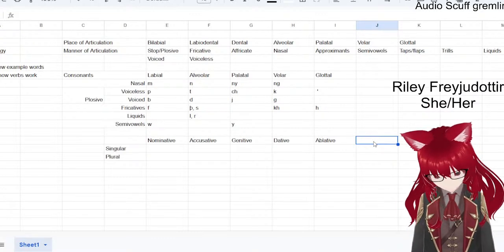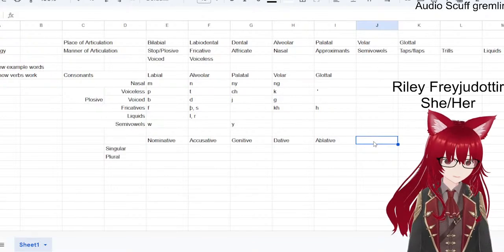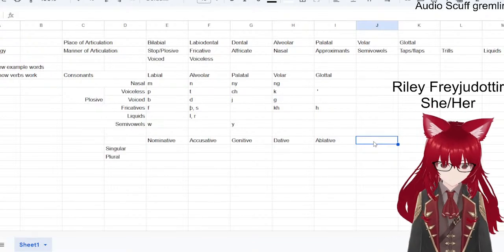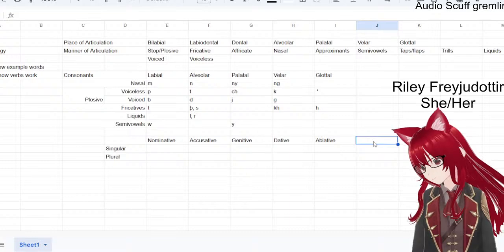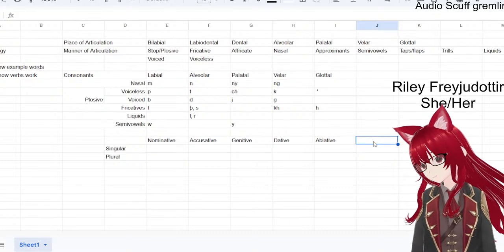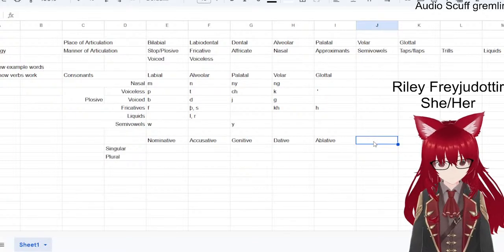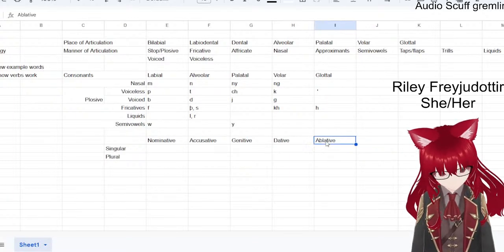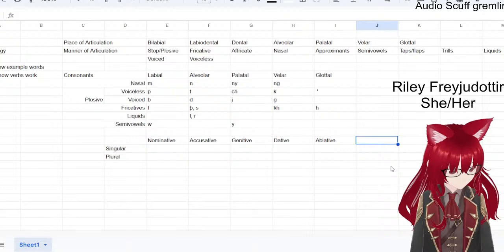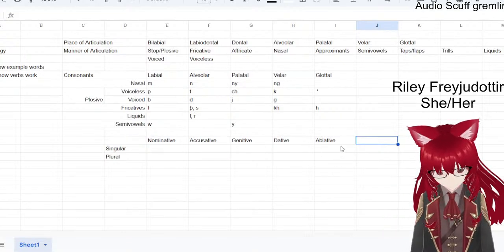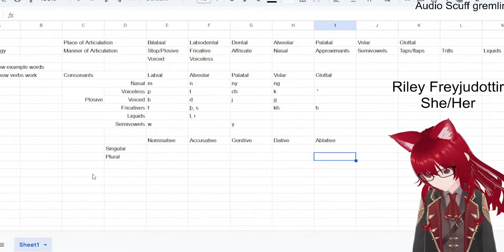Like in Shakespeare's Julius Caesar, et tu Brute, Brute is in the vocative case, because Caesar is addressing Brutus with his name. The locative case just means pertaining to location. It means like at or near.